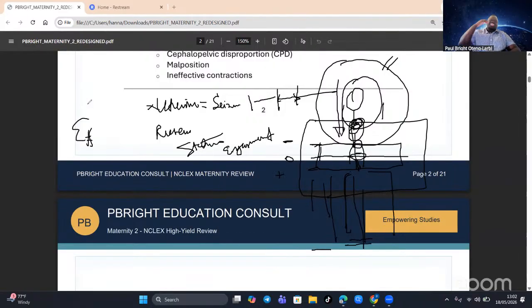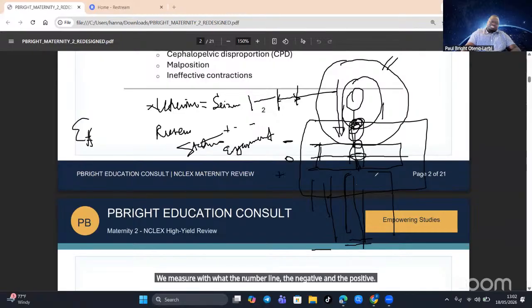If you don't know the anatomical structures of this journey, you can never understand maternity. I can teach this over and over. If you tell me what is station, I know what is station. What is effacement? I know what is effacement. In station, we measure with the number line, the negative and the positive.